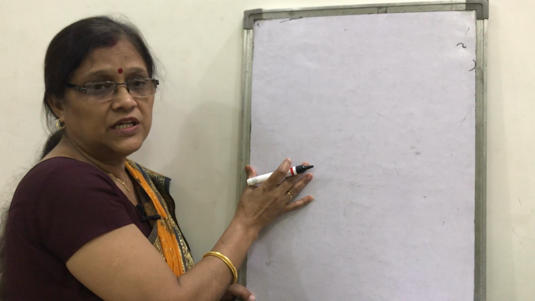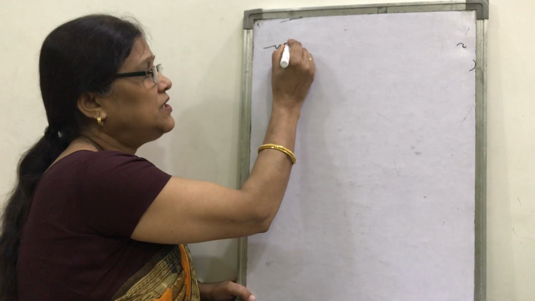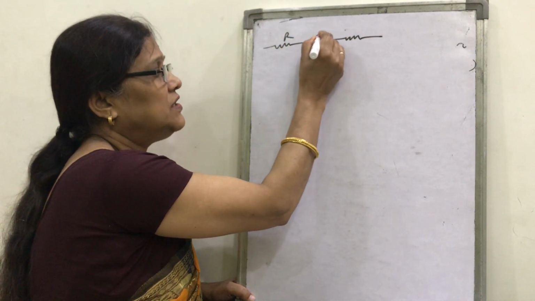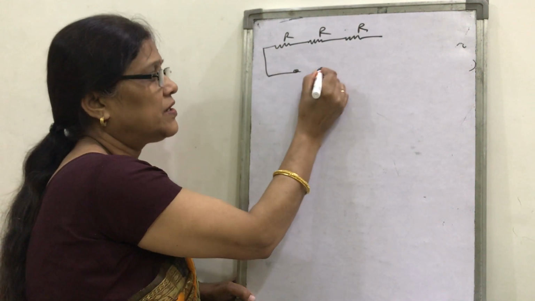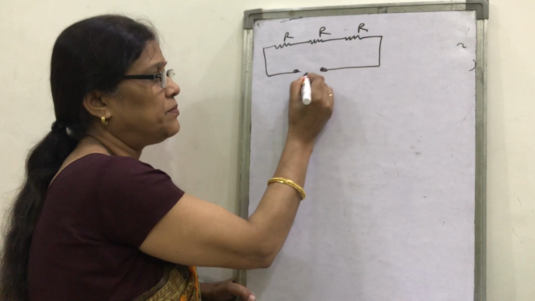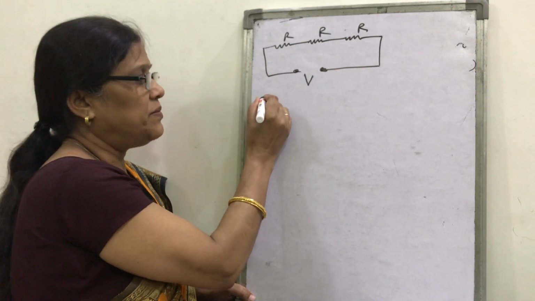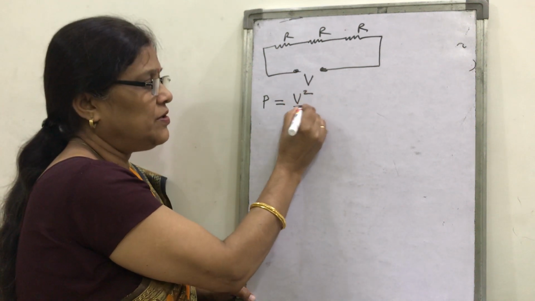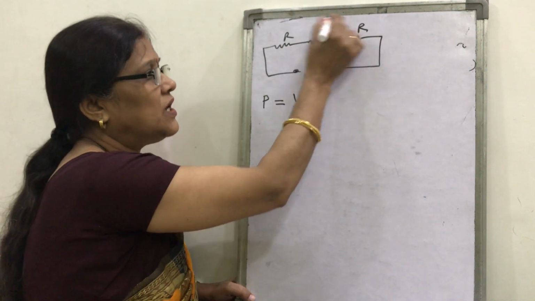3 resistances, first they are connected in series. So you draw the 3 resistances, 1, 2, 3, each of R ohm, joined with the same power supply V. You know P equals V square upon R for the same V. Here what is R in series?